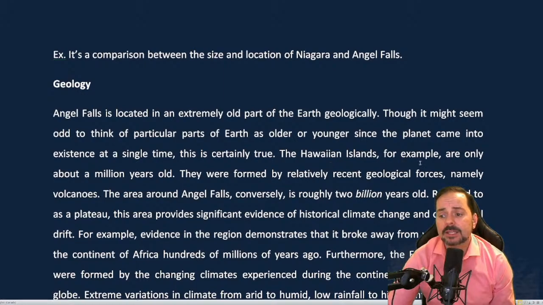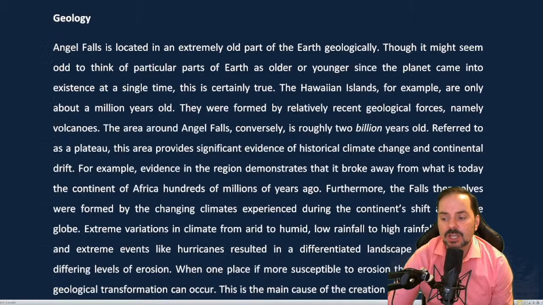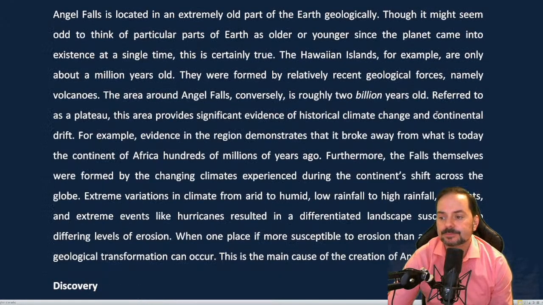The Hawaiian Islands, for example, are only about 1 million years old. They were formed by relatively recent geological forces, namely volcanoes. The area around Angel Falls, conversely, is roughly 2 billion years old. Referred to as a plateau, this area provides significant evidence of historical climate change and continental drift.